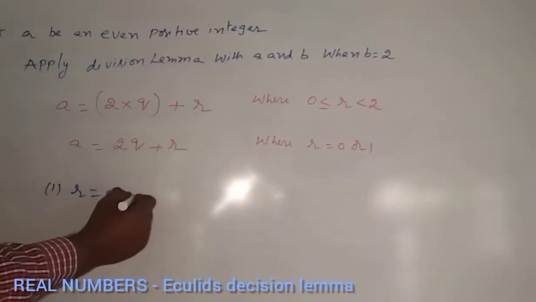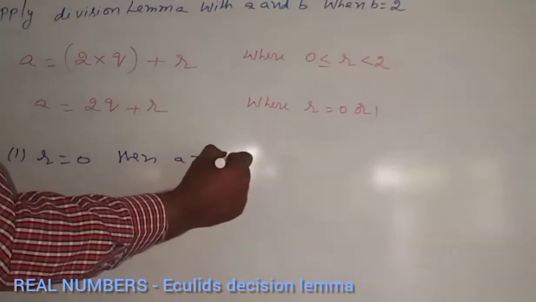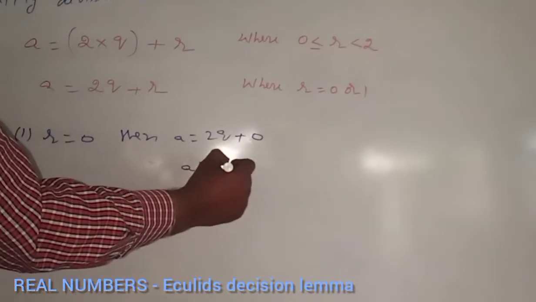First, R is equal to 0. Then A is equal to 2q plus 0. Therefore, A is equal to 2q.